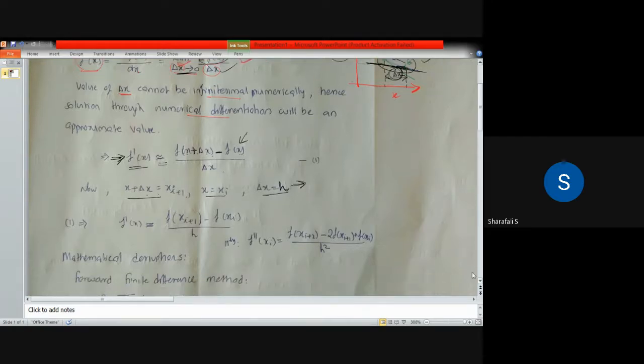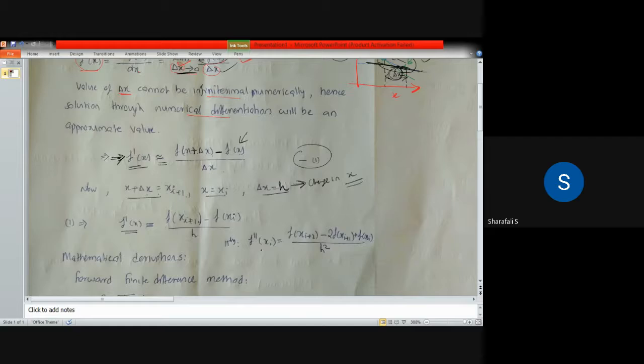That is the separation between those 2 points, nothing but the change in x. So this one is f dash x. Then we can replace equation number 1 like this: f of xi plus 1 minus f of xi, all divided by h. That is the first order differentiation.